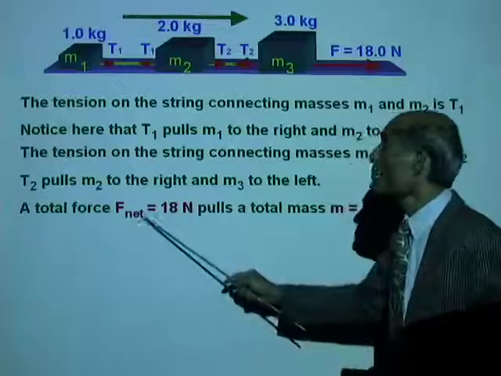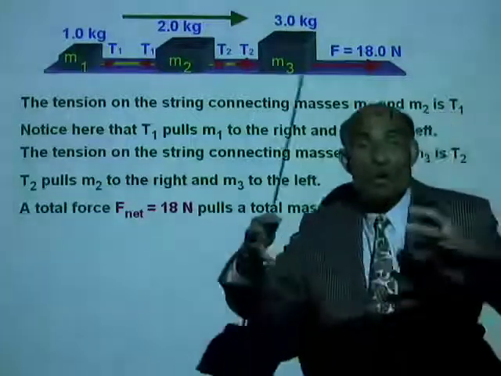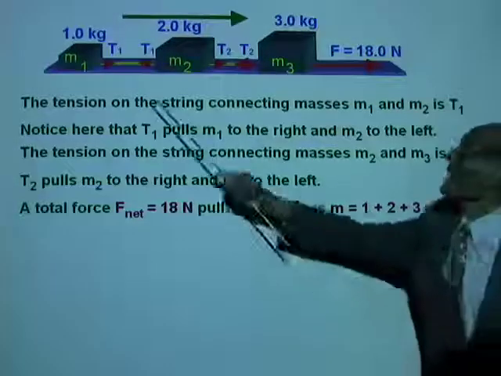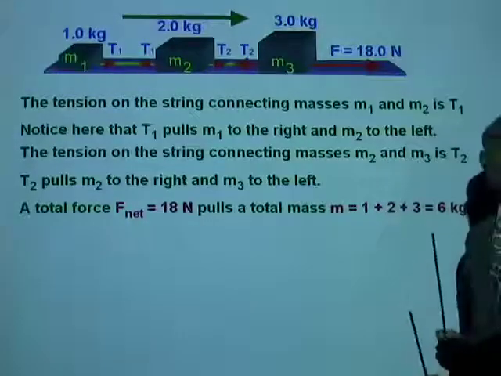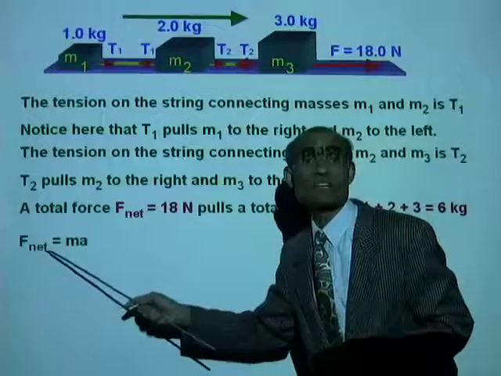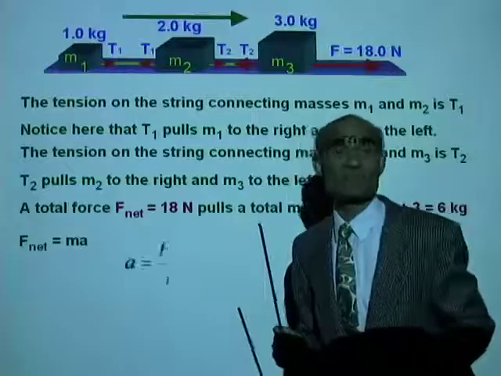The total force F net equal to 18 Newton pulls the whole system of mass m equal to 1 plus 2 plus 3, that is 6 kilogram, and therefore you can now use F net equal to ma and find the acceleration of the system.